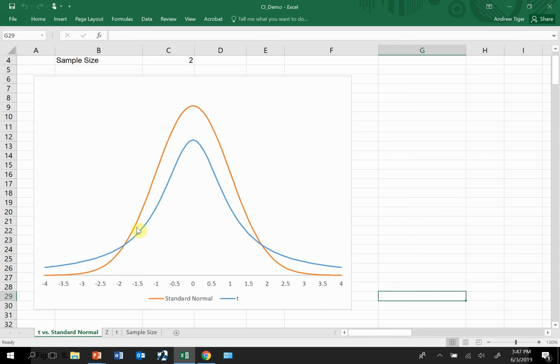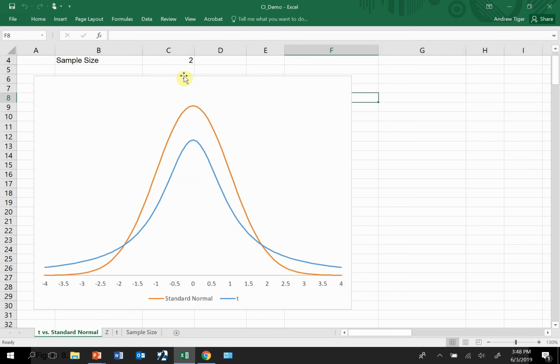But look at the t-distribution. When the sample size is small, you can see it's flatter. It has more area under the tails. So if you wanted to generate a 95% confidence interval on the t-distribution, it would have to be further out here. You would have to have a t that would be closer to plus or minus 4.